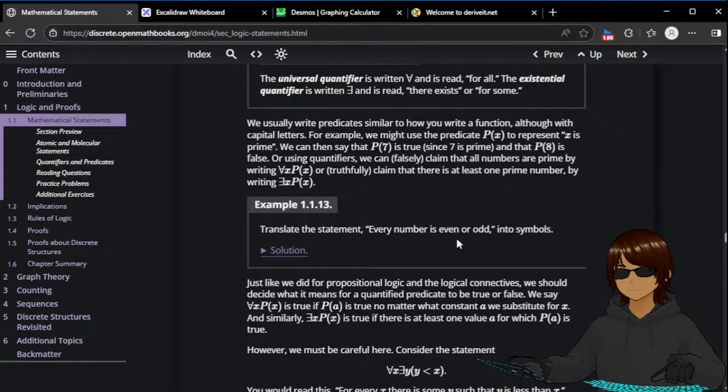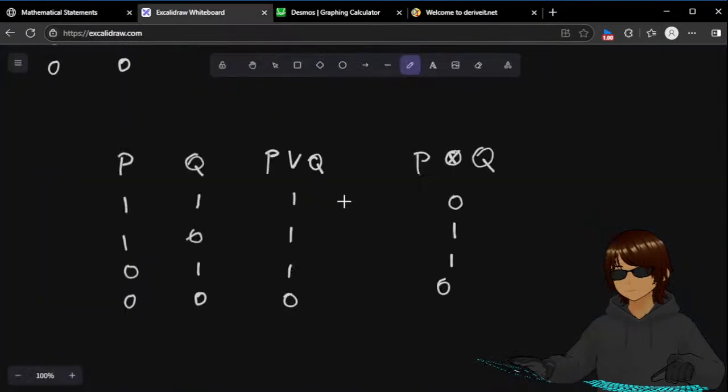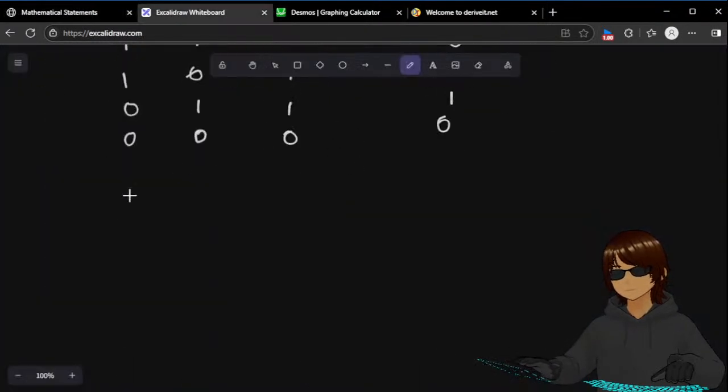Every number is even or odd. So that would be written like this: let P be that a number is even, Q be that a number is odd. For every X, either X is even or X is odd.